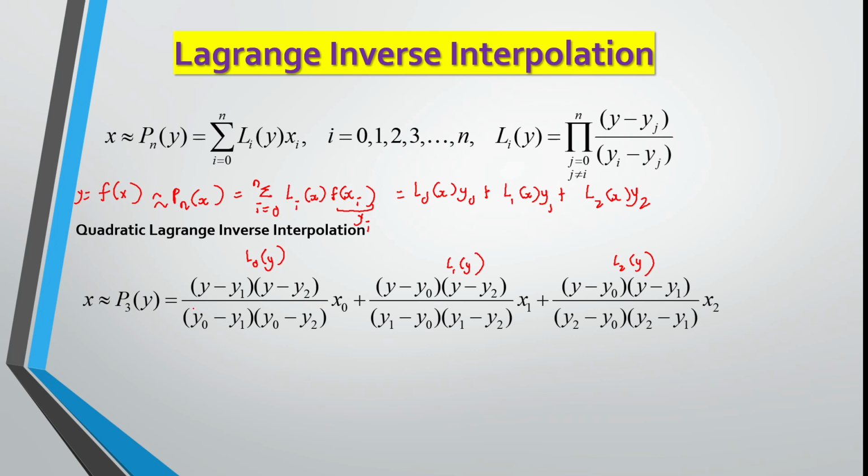For the denominator, you copy the numerator and replace y by y0 for L0, y by y1 for L1, and y by y2 for L2. For L1, the numerator is y minus y0 and y minus y2. For L2, it is y minus y0 and y minus y1.